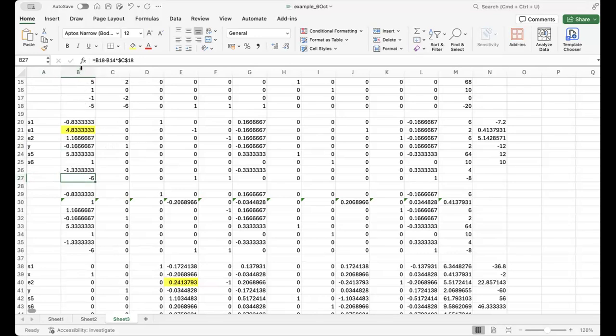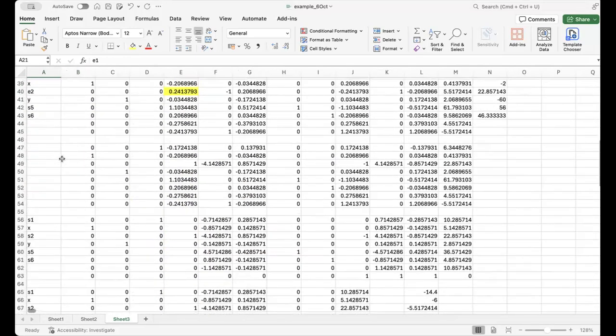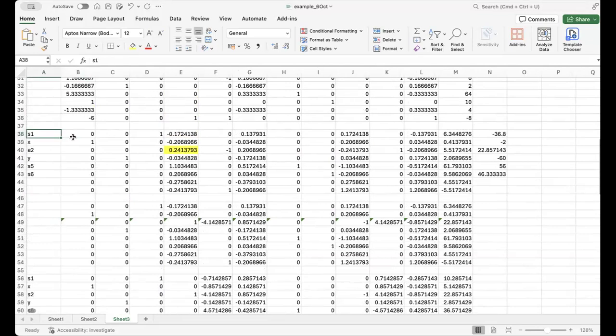We introduce X to basic variable and we're going to remove E1. Do the same thing here. At this row, our basic variable contains S1, X, E2, Y, S5, S6.